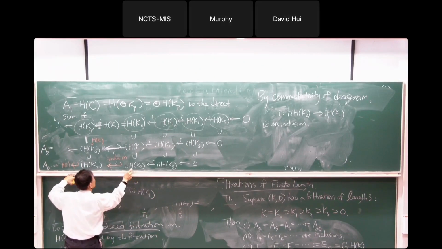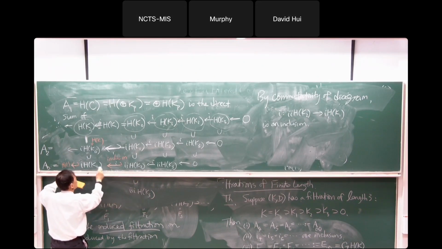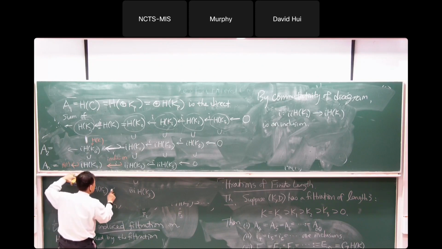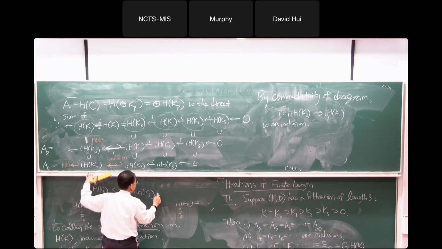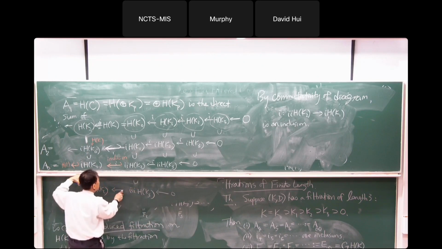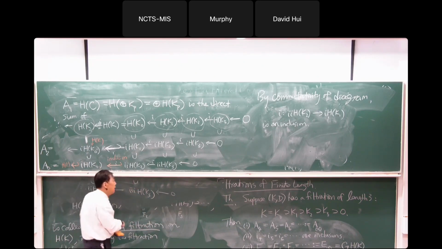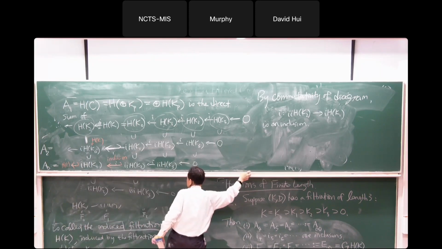And then this is going to be a subgroup of this. But I is an inclusion, so it doesn't change anything. And this map here, again, by the commutativity of the diagram, it's also an inclusion.